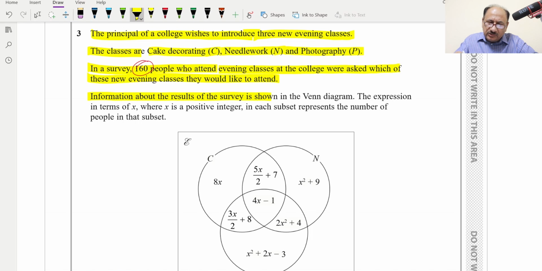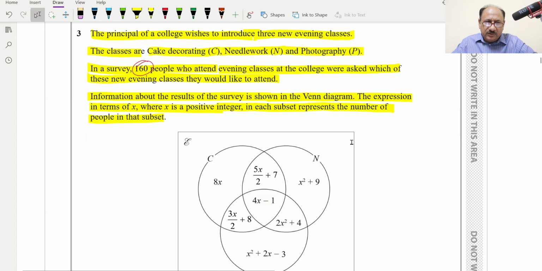Information about the results of the survey is shown in the Venn diagram. The expression in terms of x, where x is a positive integer, in each subset represents the number of people in the subset.